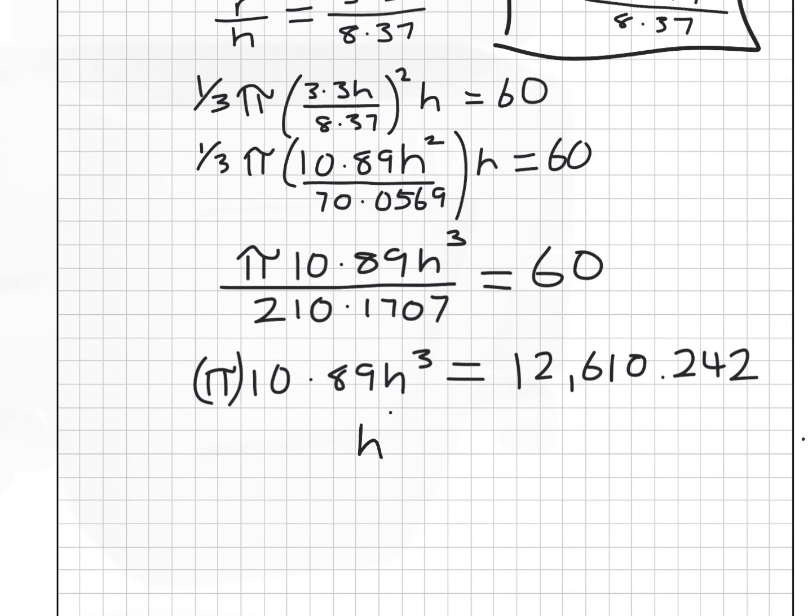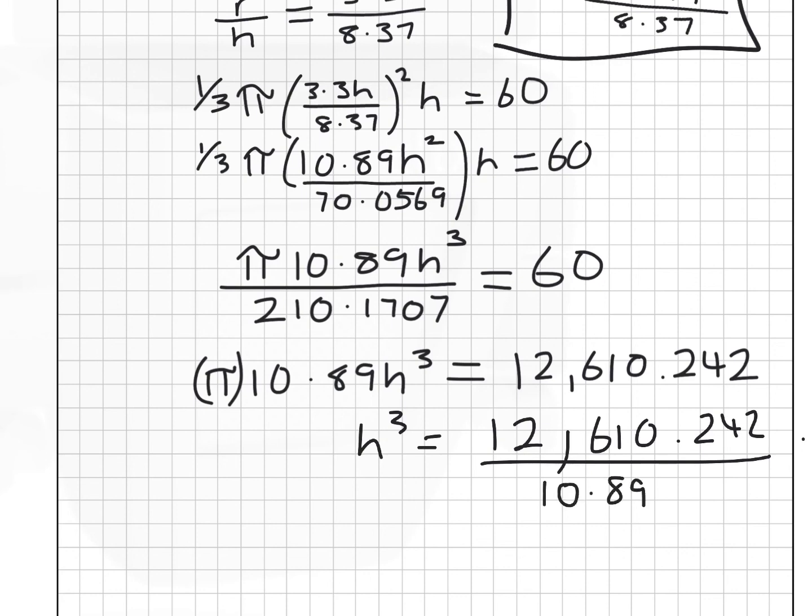Then I want to divide both sides by pi times 10.89 to get h cubed. So h cubed is equal to 12,610.242 all over 10.89 pi. Now I'm going to cube root both sides in order to figure out what h is.